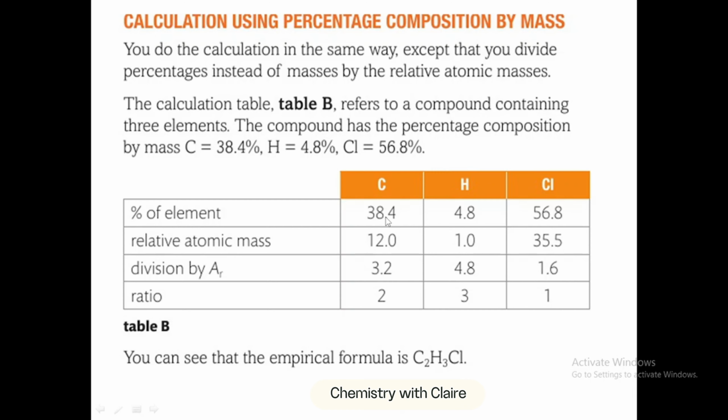So the procedure stays the same. You will be dividing each of these elements with their relative atomic mass. After doing that, you will find which value is the lowest. Here 1.6 is the lowest value. You will divide all of them with 1.6 and you can get the ratio. So the answer stands C2H3Cl.